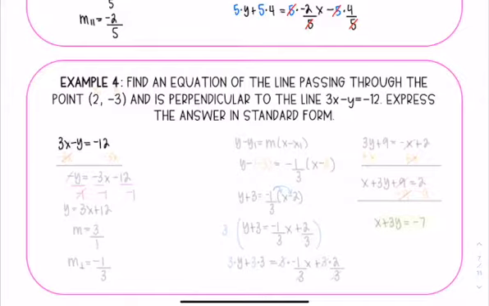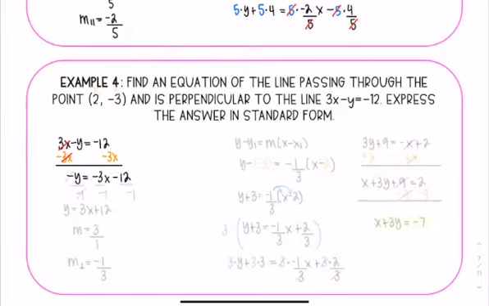And so I'm going to put this into slope-intercept form. And so I'm going to subtract 3x from both sides. And so we end up with negative y equals negative 3x minus 12.